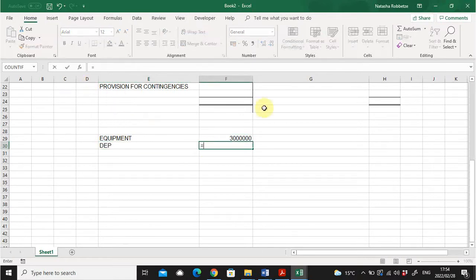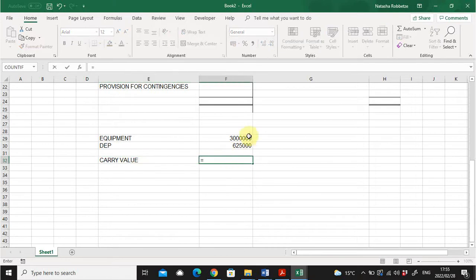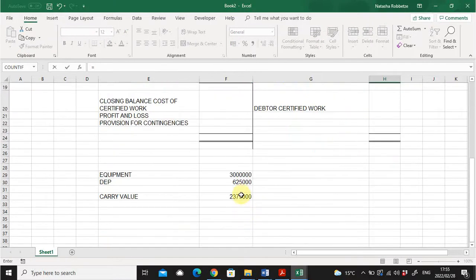So the depreciation would be 3 million rand times the 25%, which is the rate of depreciation given, times the 10 months that we just counted, 10 out of 12. And then we can go and get to a carry value by saying it's the equipment minus the depreciation. So it's the 2,375,000 will be our closing amount for equipment. So I'm going to say equals that amount.